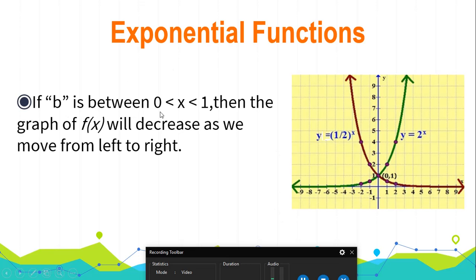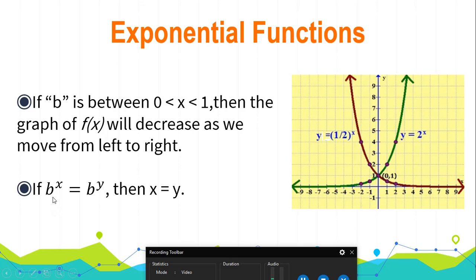If b happens to be between 0 and 1, what we have then is a graph that is decaying. So you can see here with the red graph, the base b is 1/2, and it actually decays really quickly, and then it starts to level off, and it almost looks like it appears to become a straight line.